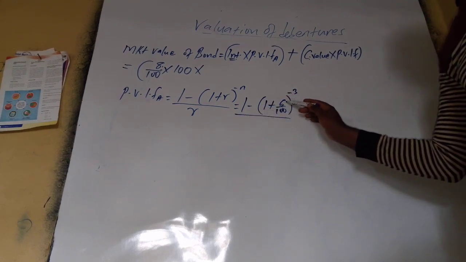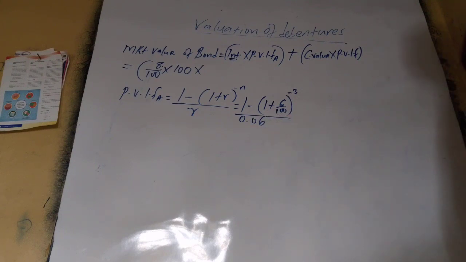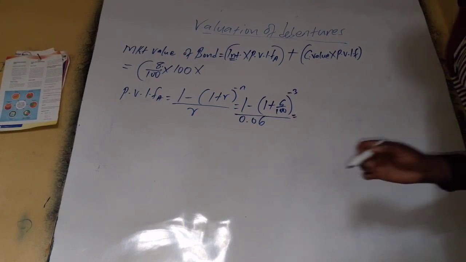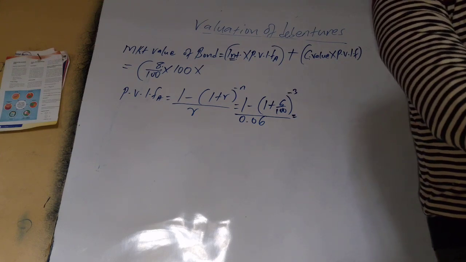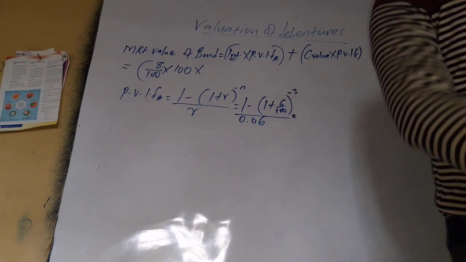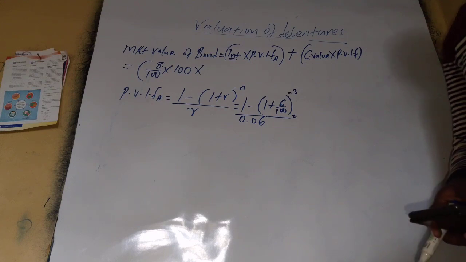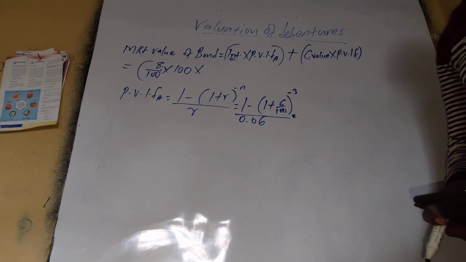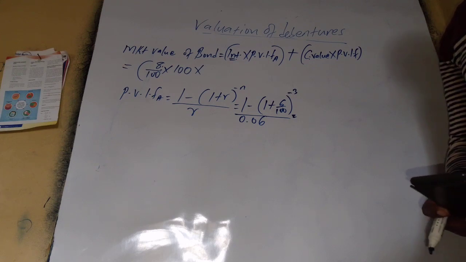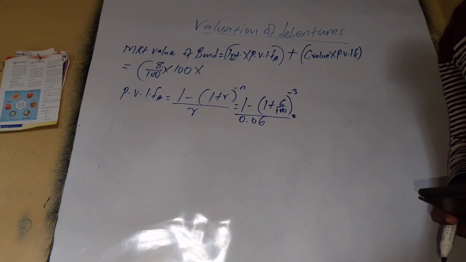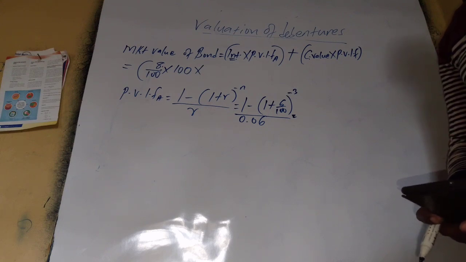Then you repeat it down here, that is 0.06. This one will give you the interest factor of this annuity. So we take 1 plus 6%, we raise it to power negative 3, 1 minus that answer, then the answer divided by 0.06.